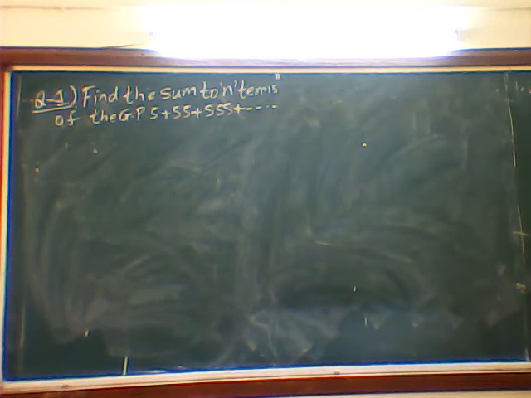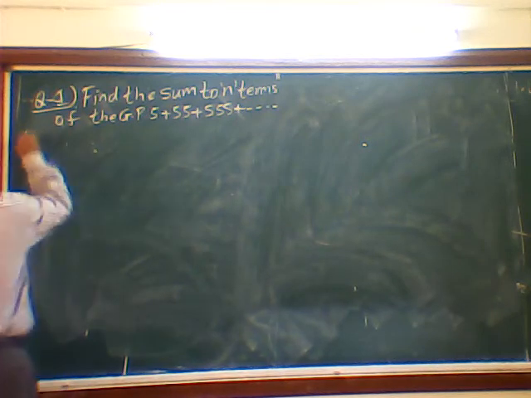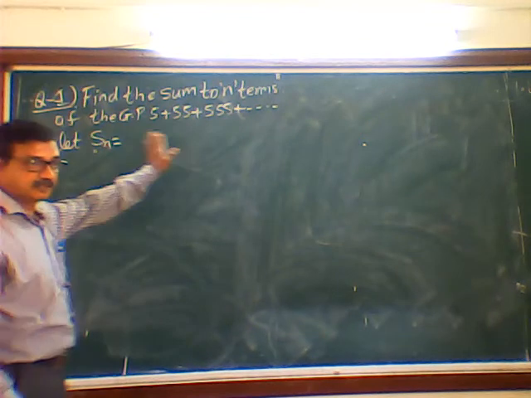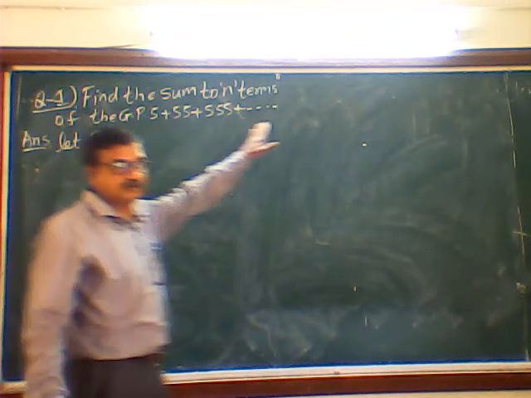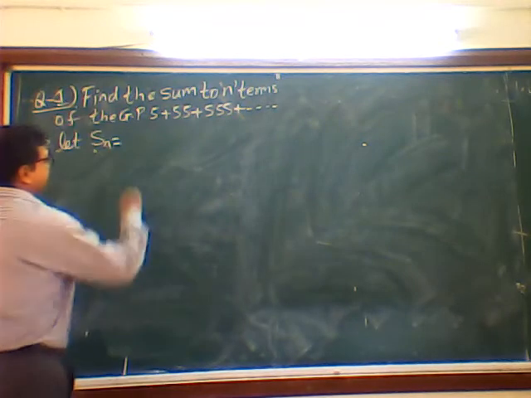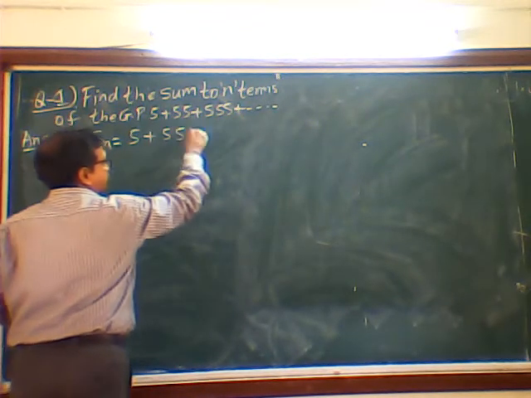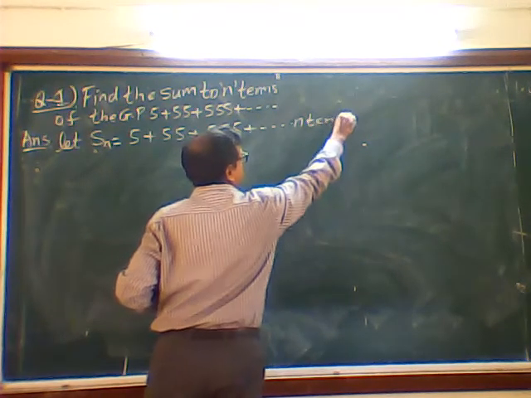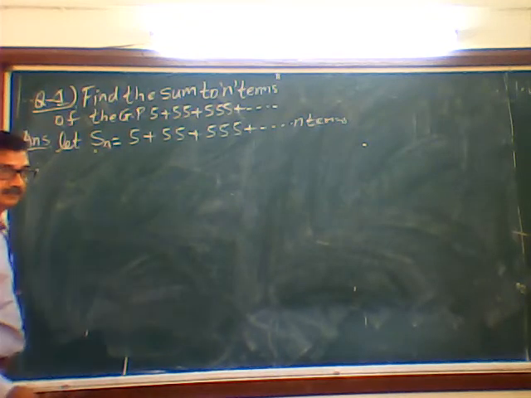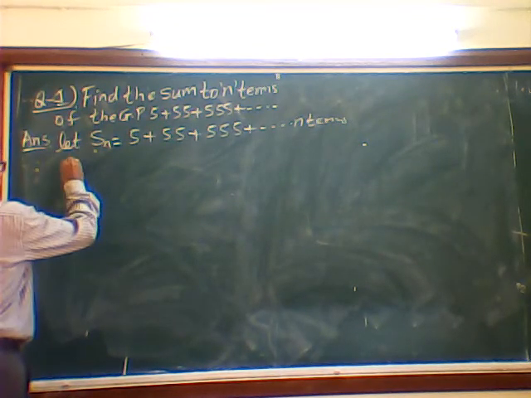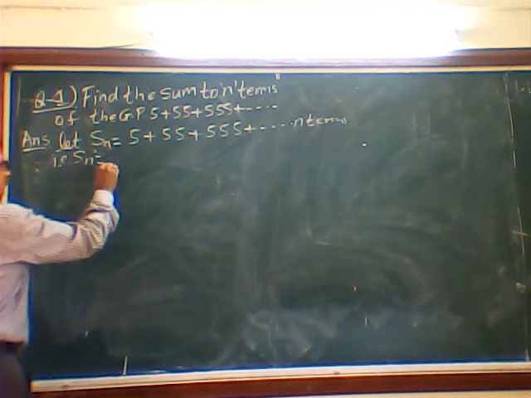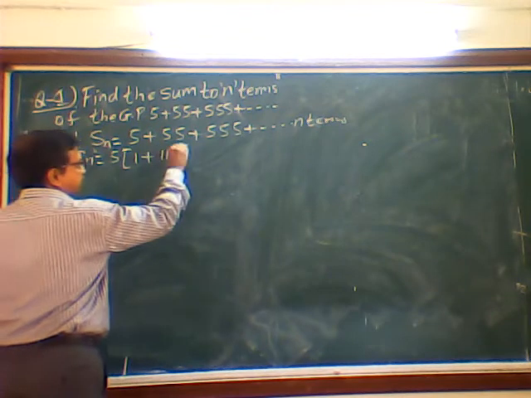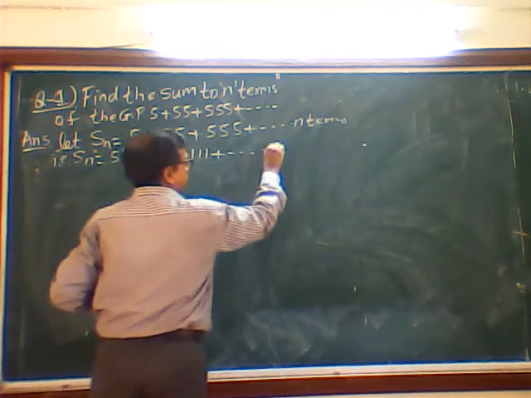Okay, so now what we'll do, the sum, we'll name it as the answer. We'll say let Sn, because this is a series of sum, that's why Sn, and dot dot dot means n terms, we don't know. Let Sn is equal to 5 plus 55 plus 555 plus dot dot dot n terms. Okay, fine. Now, next step, Sn is equal to, I will take out 5 common outside, then I will write here 1 plus 11 plus 111 plus dot dot dot n terms.